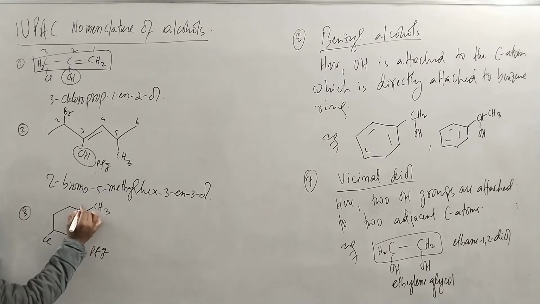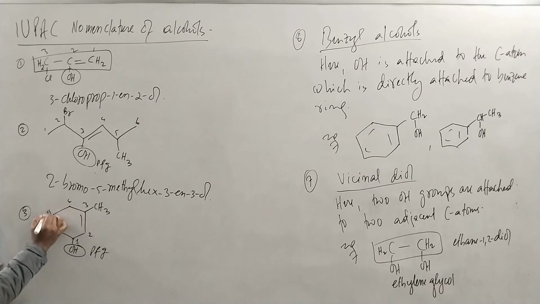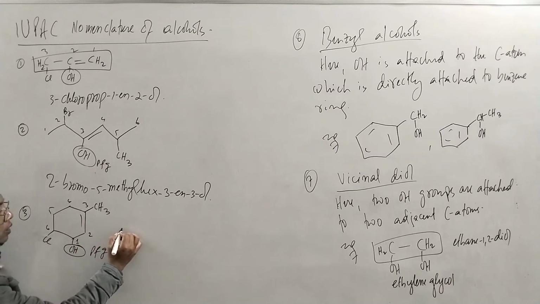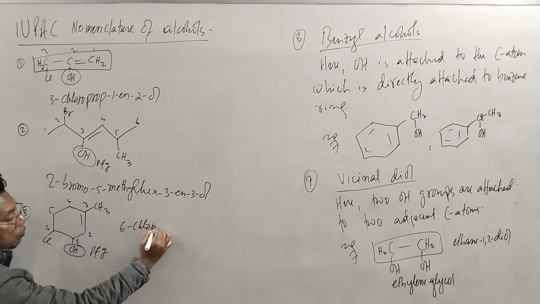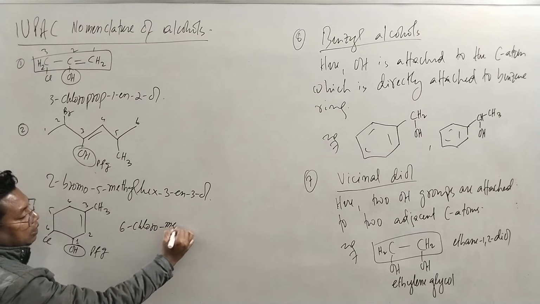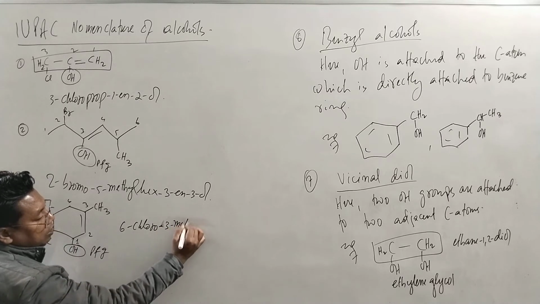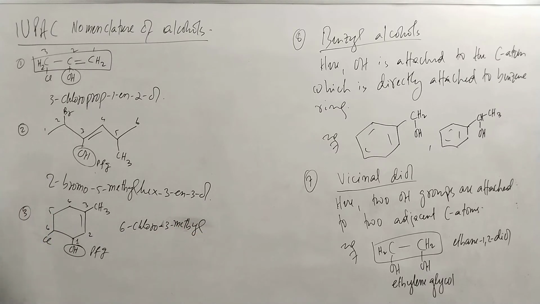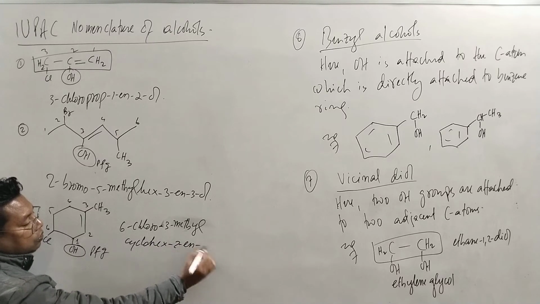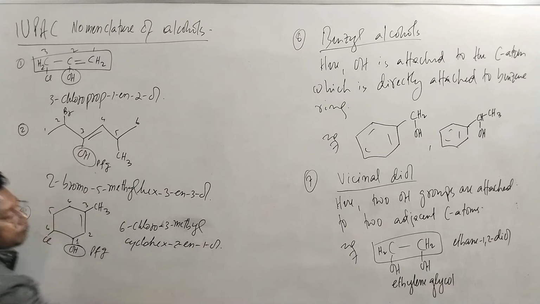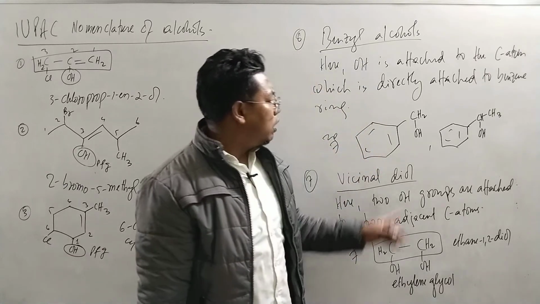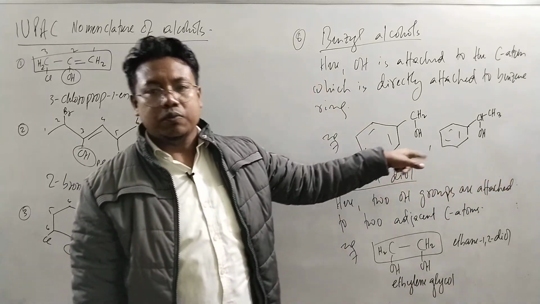That's why. 1, 2, 3, 4, 5, 6. So its name is 6-chloro-3-methylcyclohex-2-en-1-ol. 3 methyl, not methane. This is the name. Okay. How will you name these two compounds in IUPAC nomenclature?